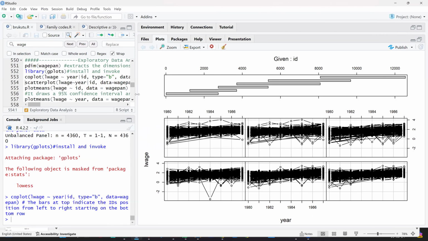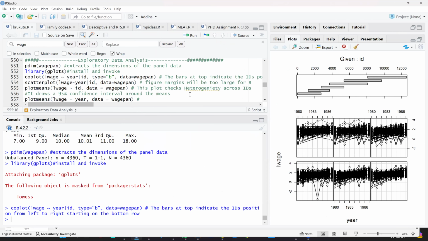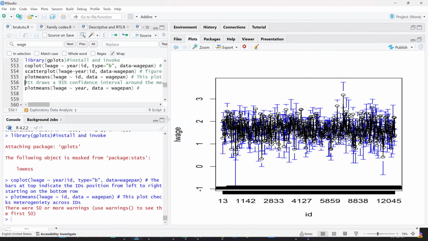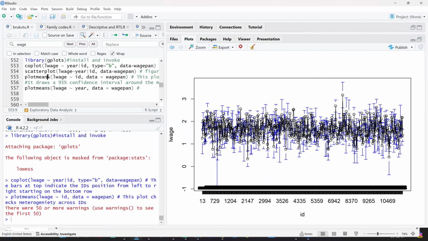That is, whether these individual boys differ significantly among themselves or not. Let me run it again.